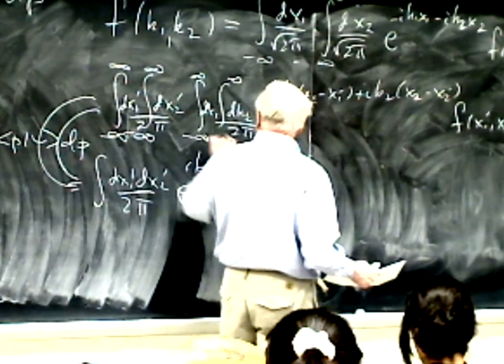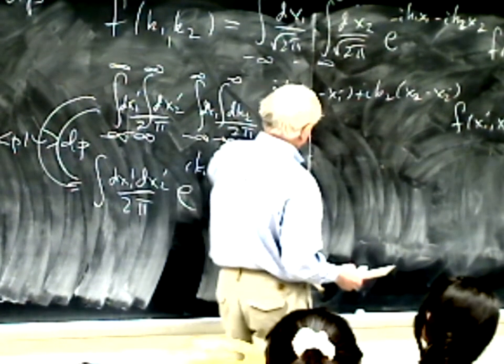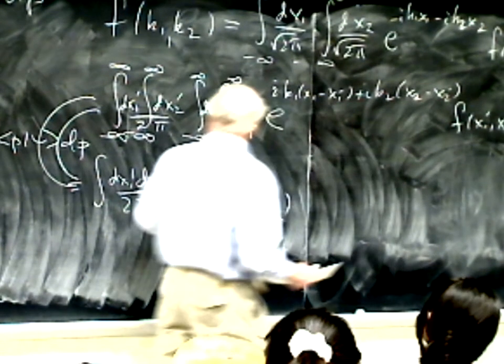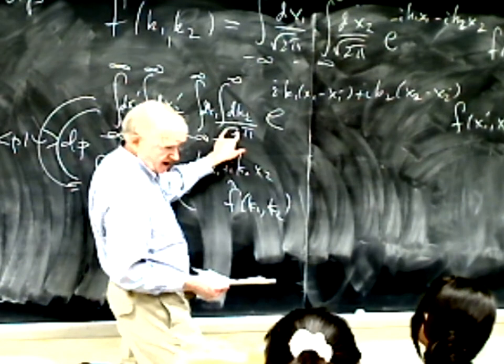In here you see that the dk1, dk2 gives you two Dirac delta functions. Each of them even has the right normalization, 2 pi.